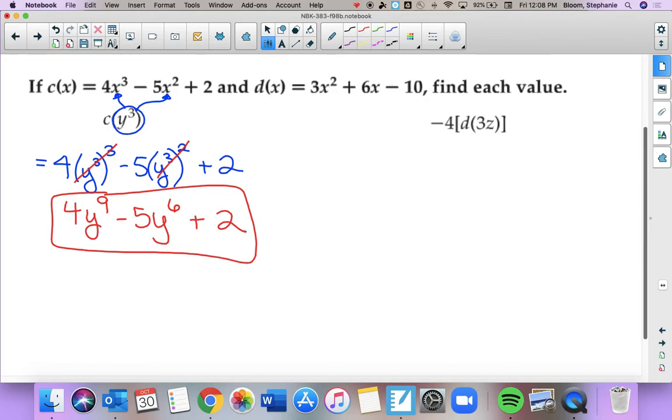And it's important that you're reading this correctly. So can somebody tell me how you would read that, what I'm asking you to do? How would I read that? Lucy?